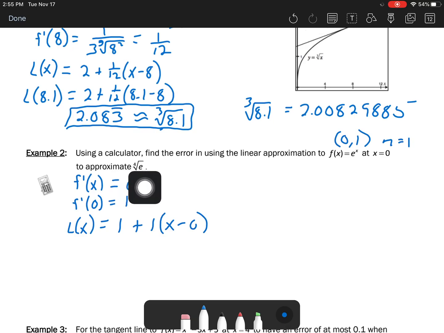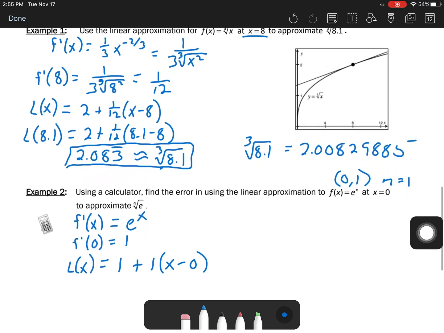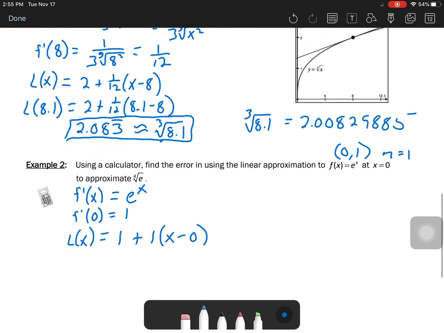the fourth root of e, which really what that means is we're going to be putting in 1/4 for the x, right? If we're going to do the fourth, that'd be like taking e to the 1/4 power, and so the x that we're going to be putting in here would be 1/4, right?